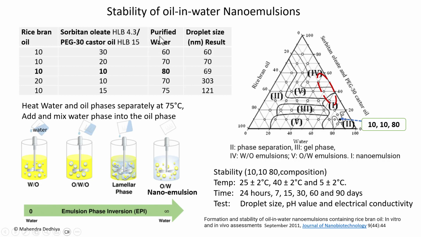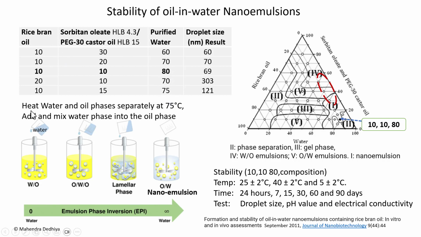Purified water is used as the aqueous media. The composition is shown here. Oil is kept at 10%, except in one experiment. The concentration of the surfactant is changed. The amount of water is adjusted to make sure the composition is 100%.